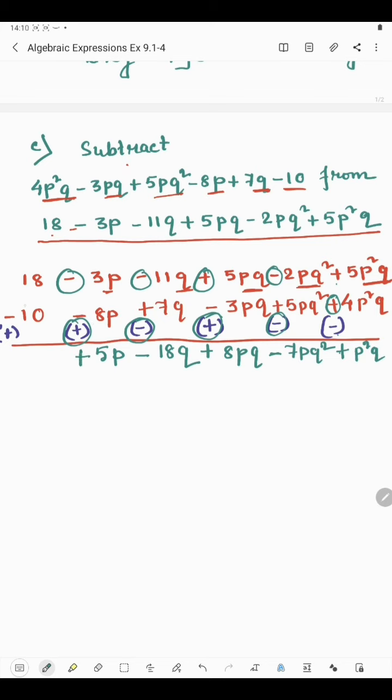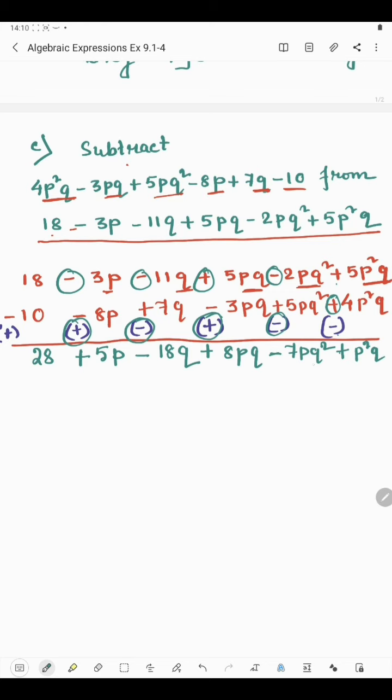Okay, and in the last term we have plus 18 and plus 10, so if you add these two we'll get 28. Okay, so the answer of the C part will be 28 plus 5p minus 8q plus 8pq minus 7pq square plus p square q.